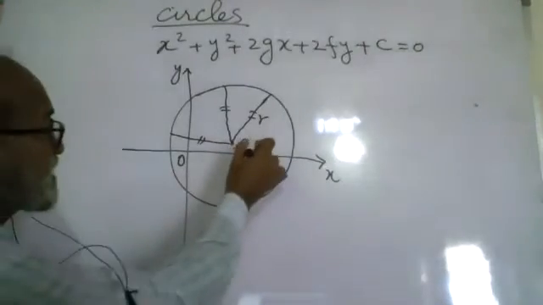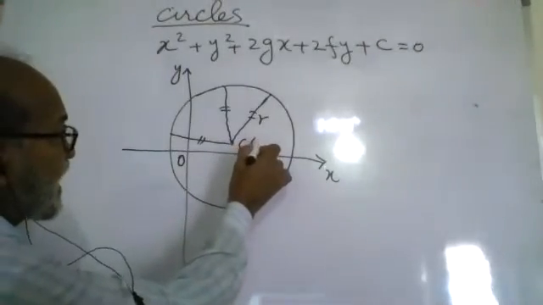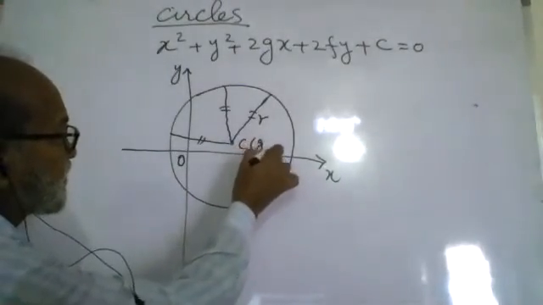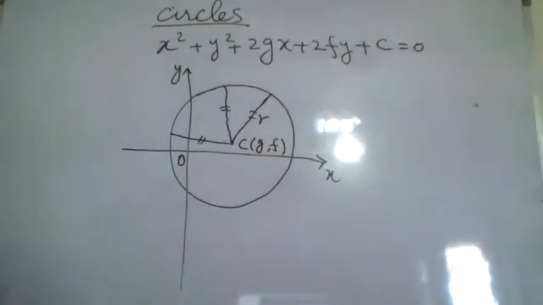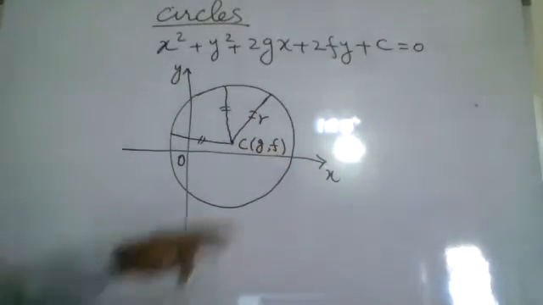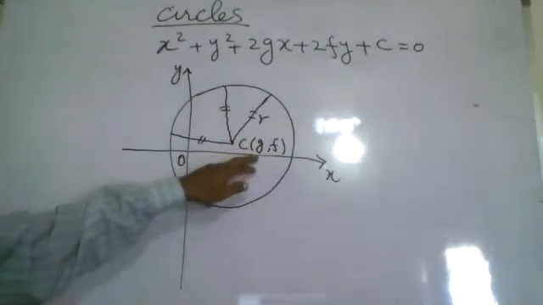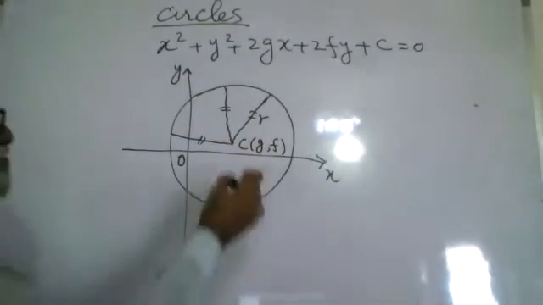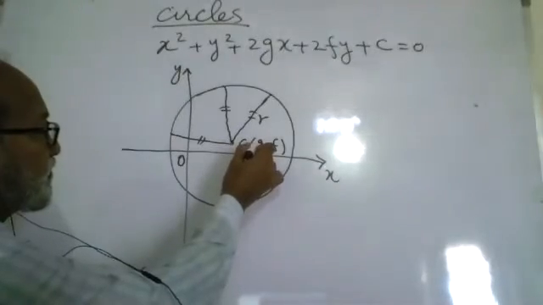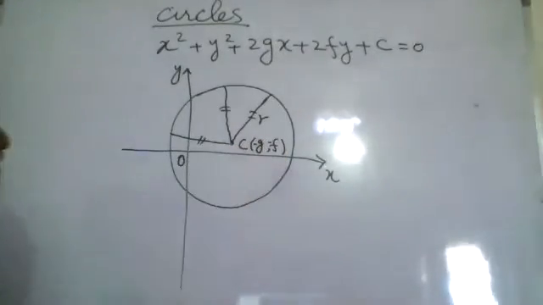Its center is (-g, -f). The x coordinate is minus g and the y coordinate is minus f. This is the center.